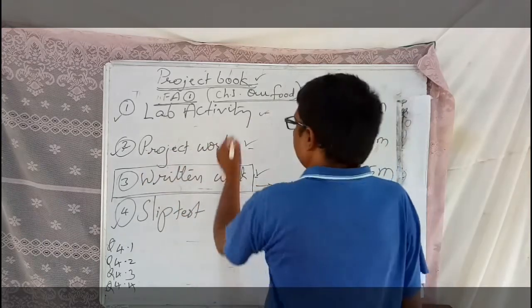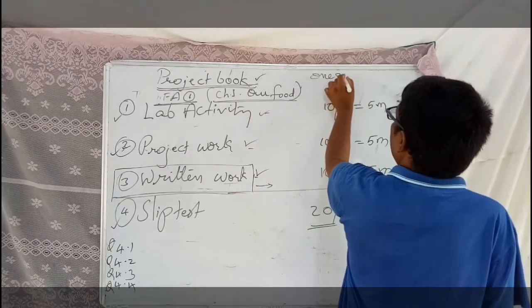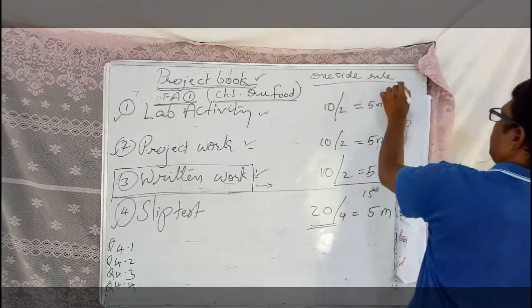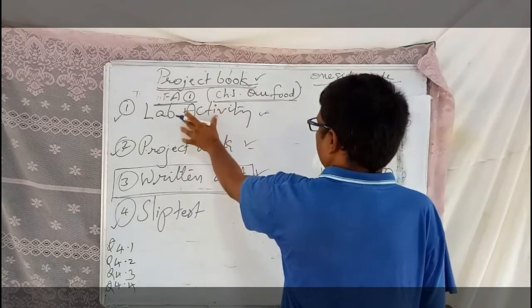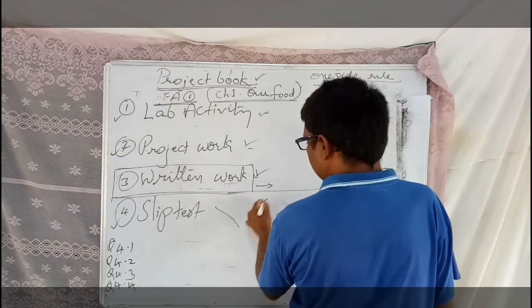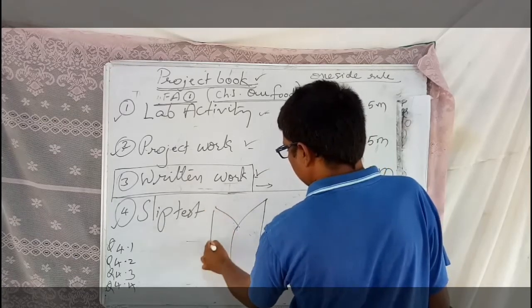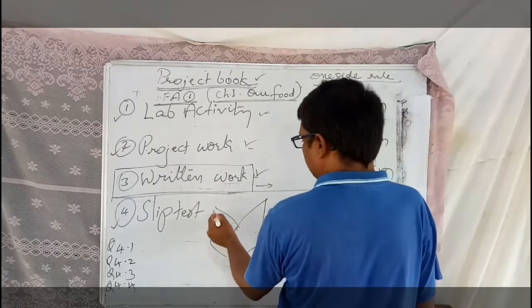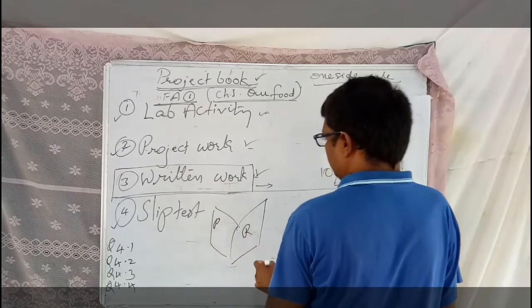Next, you use what? One side rule notebook, right? In the one side rule notebook, if you are going to write the lab activity, if this is your notebook, this is plain, this is ruled.